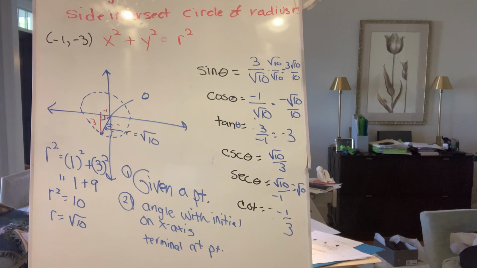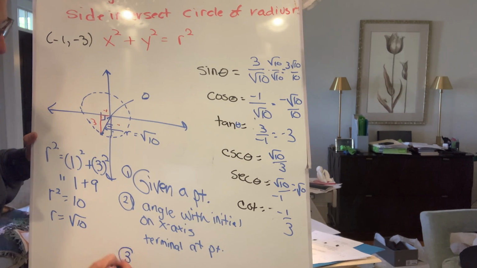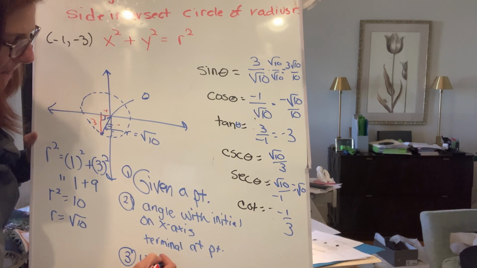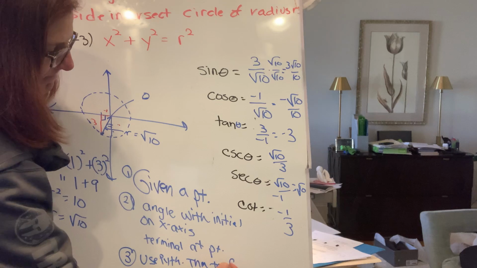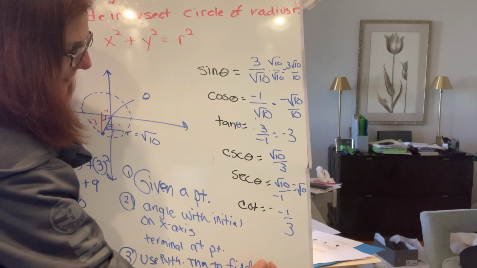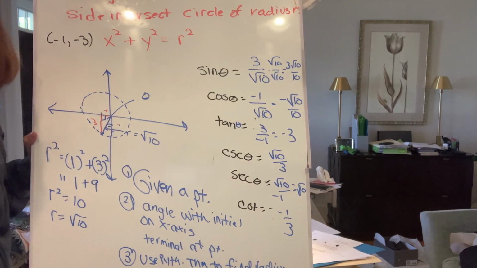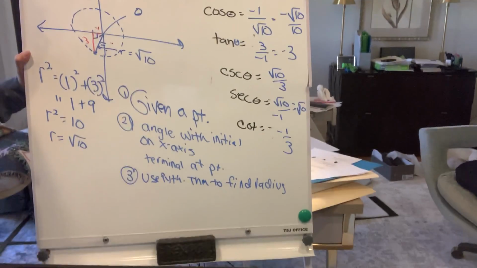Then we used the Pythagorean theorem to find the radius. And then we could calculate the trig functions.